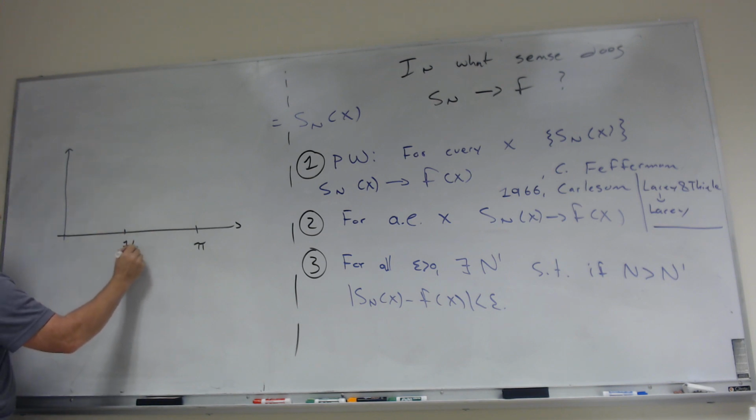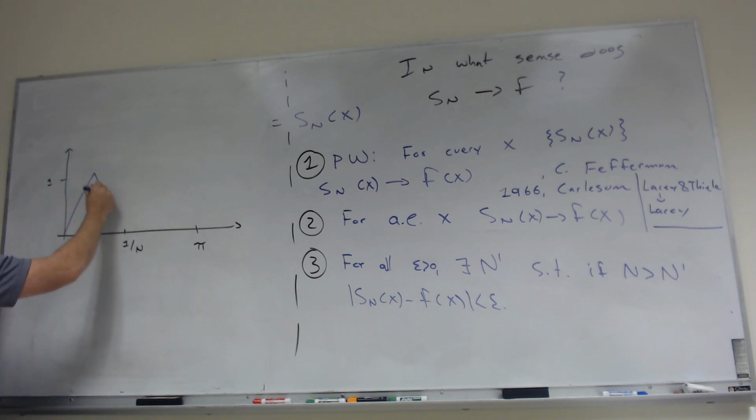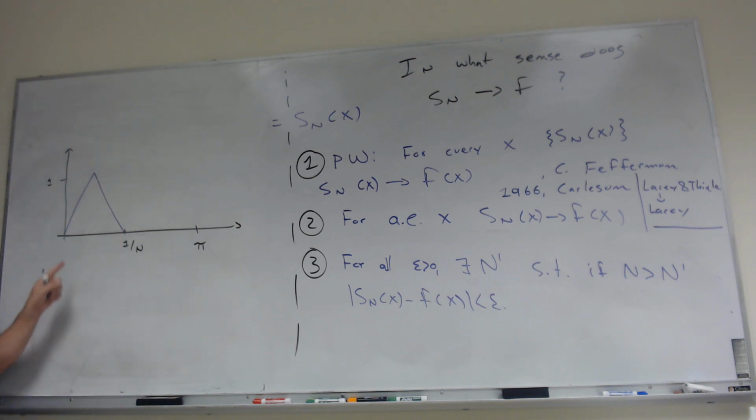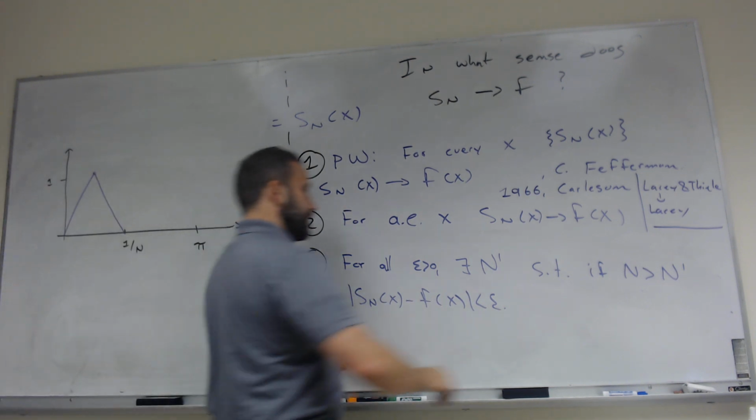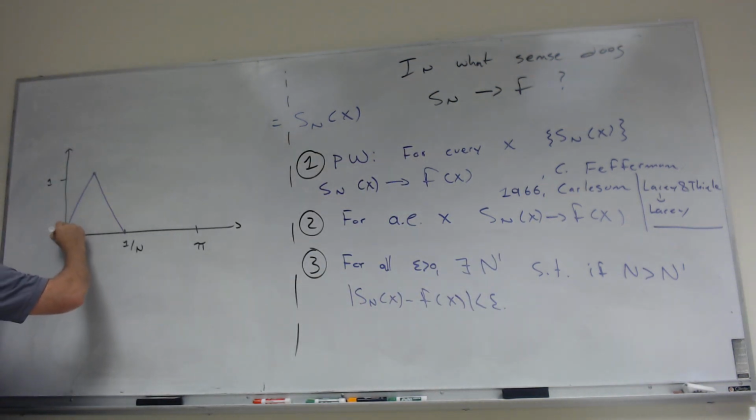So let's say this is equal to 1 over n. I'm going to give the graph of the nth function in the sequence. This is 1 over n. This is 1. The graph of the nth function is going to be this triangle with base going from 0 to 1 over n and height 1. And as n increases, we're going to get stuff that looks like this.